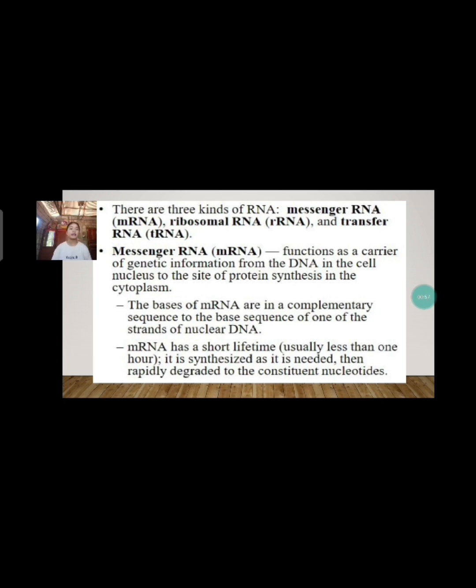mRNA has a short lifetime, usually less than 1 hour. It is synthesized as it is needed and rapidly degraded to the constituent nucleotides. So messenger RNA, as the name suggests, carries the genetic information from DNA to the ribosome.